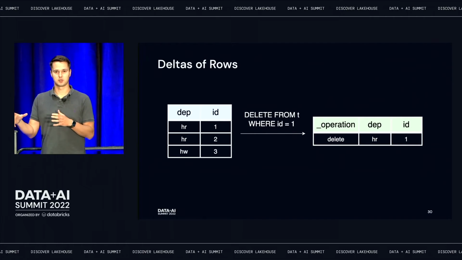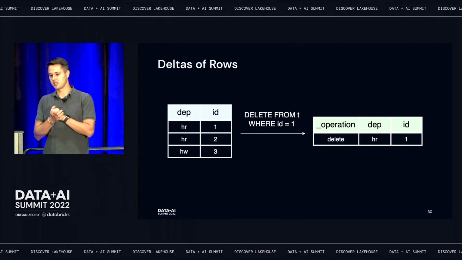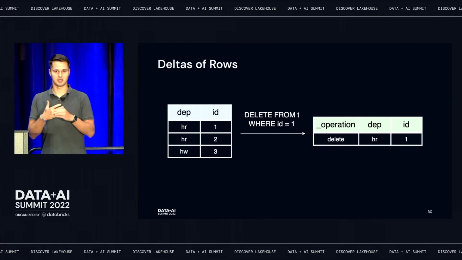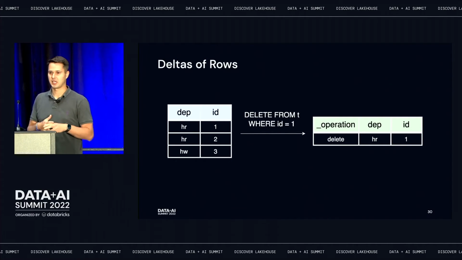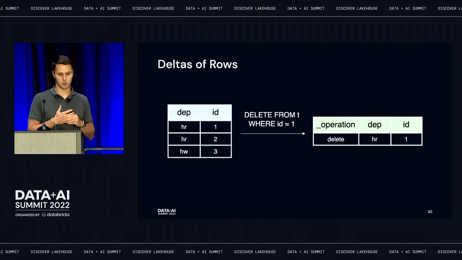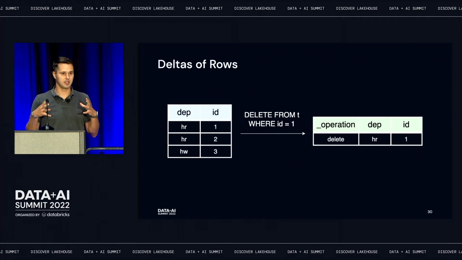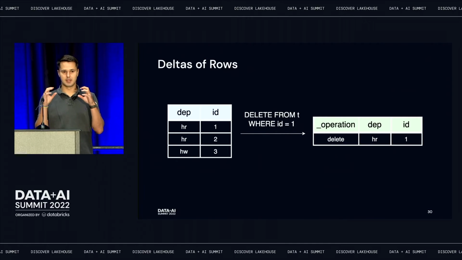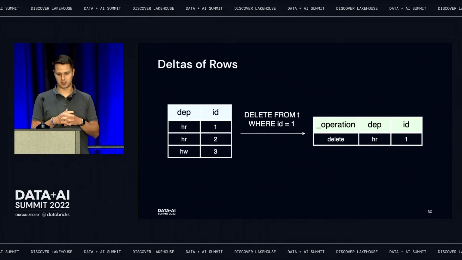And instruct the data source to apply those changes. So in this case, we just need to pass that the record with ID 1 in department HR has to be deleted, right? If you have a merge use case, there may be some records that you need to update or insert as well. But the main idea is that instead of producing a new state of groups, you basically pass back whatever changed and whatever operations you need to encode.